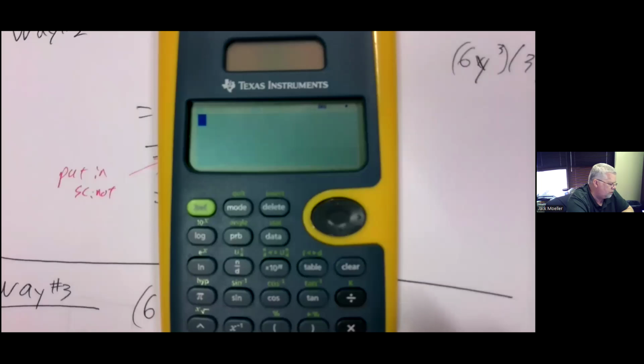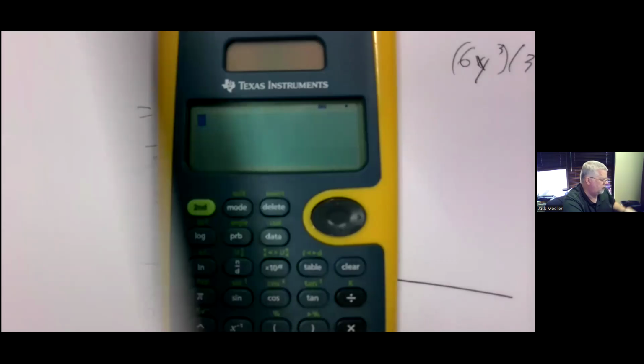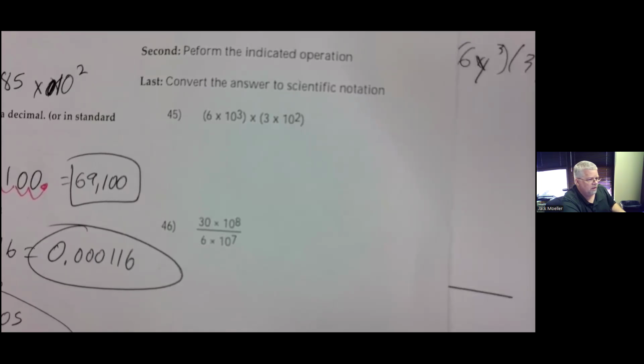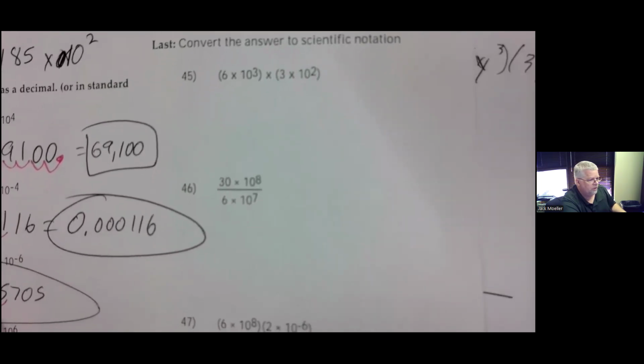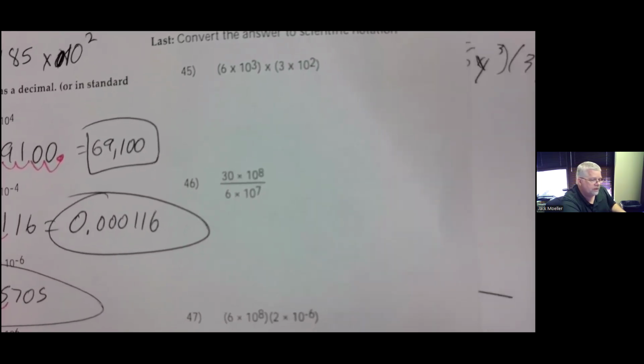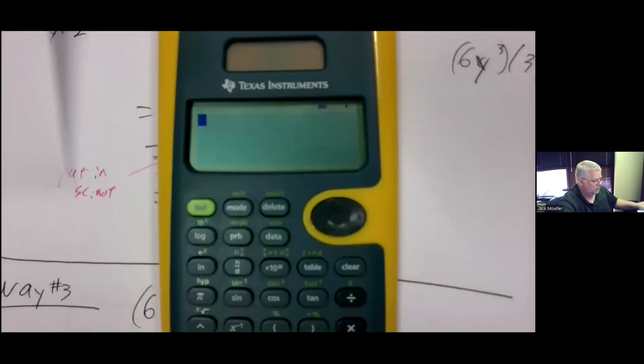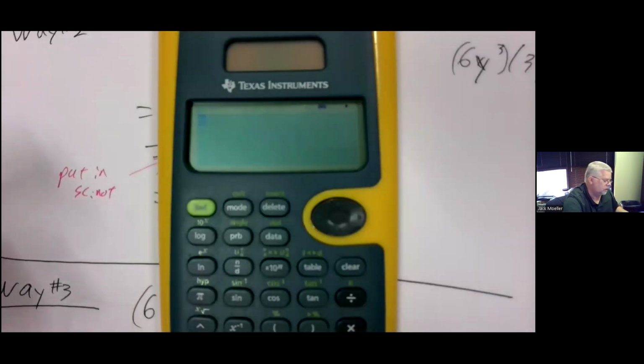First of all, use parentheses. The parentheses aren't always the problem. In the multiplication problems, they usually are, but they don't have to be. But in the division problems, if you don't put parentheses on that division problem, I guarantee you're going to get it wrong. So I'll come back and do that one and show you what I mean. But put parentheses around each of these numbers.